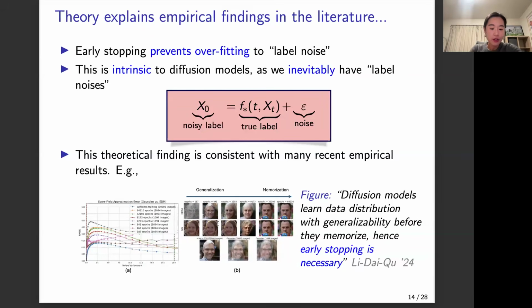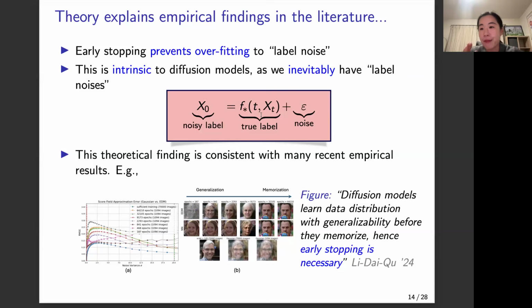The final comment I want to make here is that the theoretical finding we have is also consistent with some very recent empirical findings in the literature. I made a brief comment that the perspective we take in analyzing the optimization guarantee is that we view x0 as the noisy label to the posterior mean that we don't know.